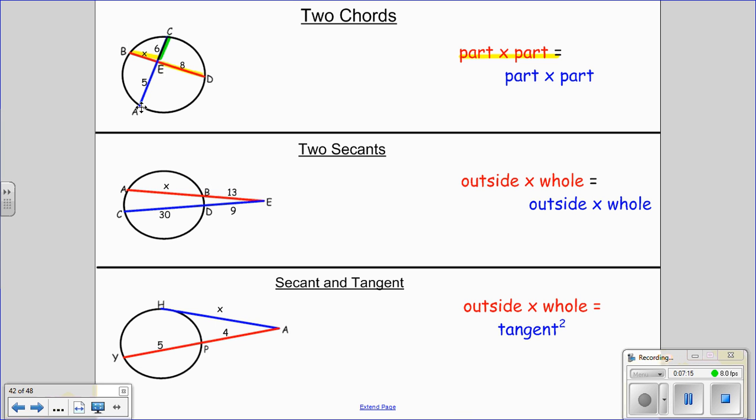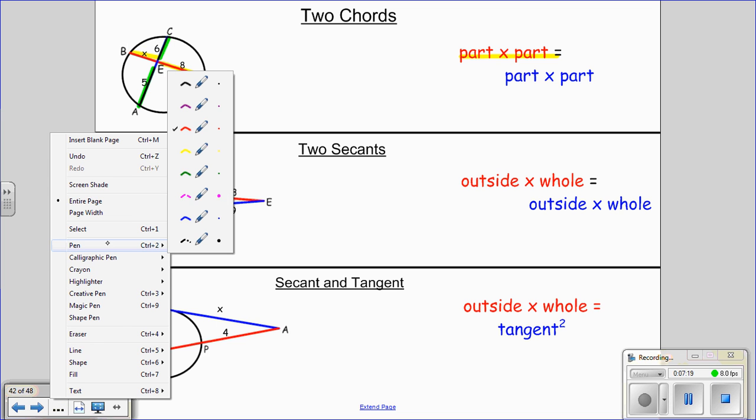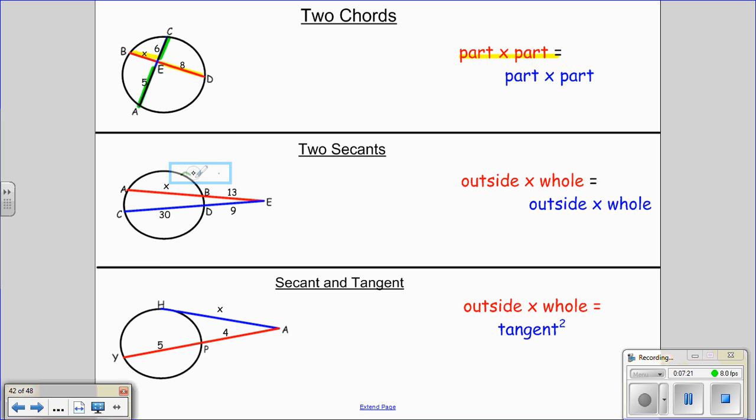Since there are actual numbers, let's use them. It would be x times 8 equal to 6 times 5. And then you continue to solve the problem as it is requested. But I'm just helping you to set it up at this point in time.